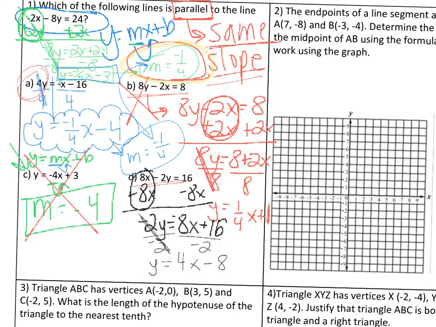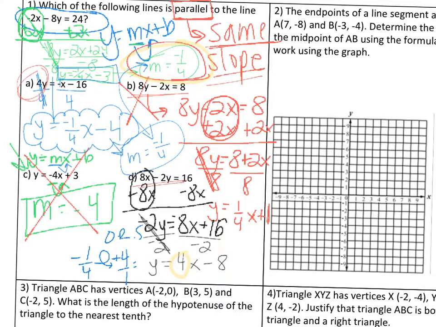Its opposite reciprocal is this positive 4. Remember, reciprocal means that we flip the number over. So in the case of negative 1/4, if it was flipped, it would be 4/1. This makes it a reciprocal. To make it opposite, we would change the sign so that negative becomes a positive, and these are opposite reciprocal slopes.